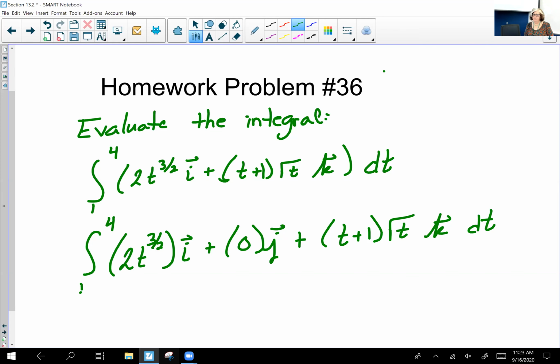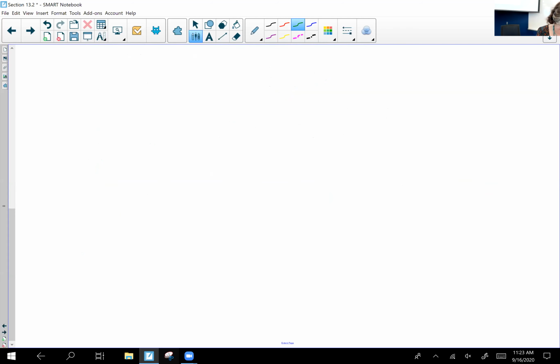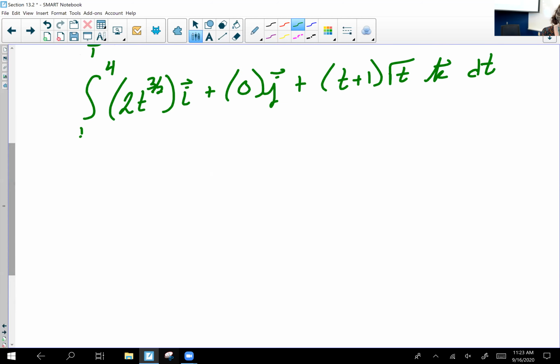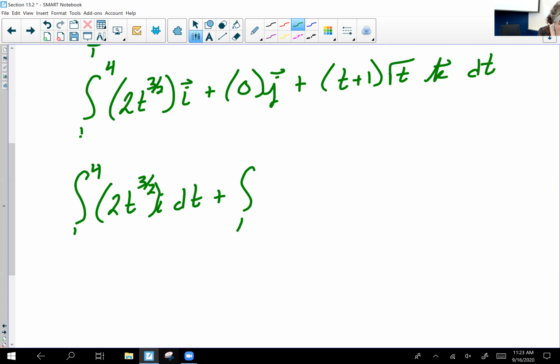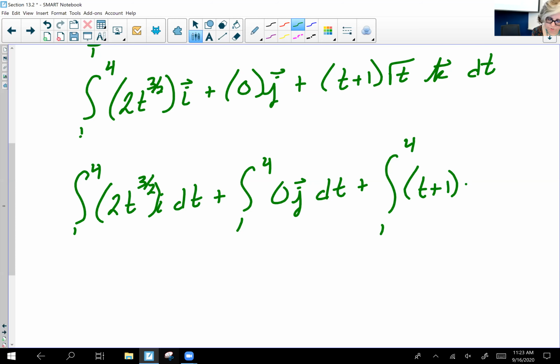All right. Just like when we took the derivative, to take the integral of this, we're going to split her up. So the integral from 1 to 4 of 2t raised to the 3/2 i dt, the integral from 1 to 4 of 0j dt, and the integral from 1 to 4 of (t plus 1) square root of t k dt.